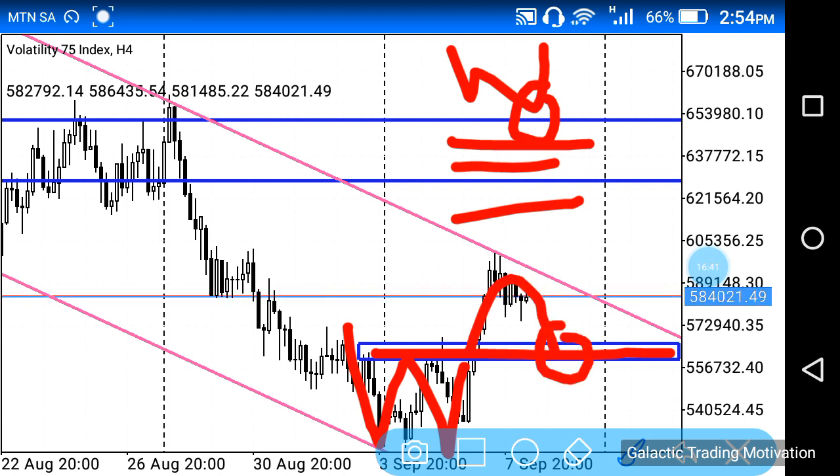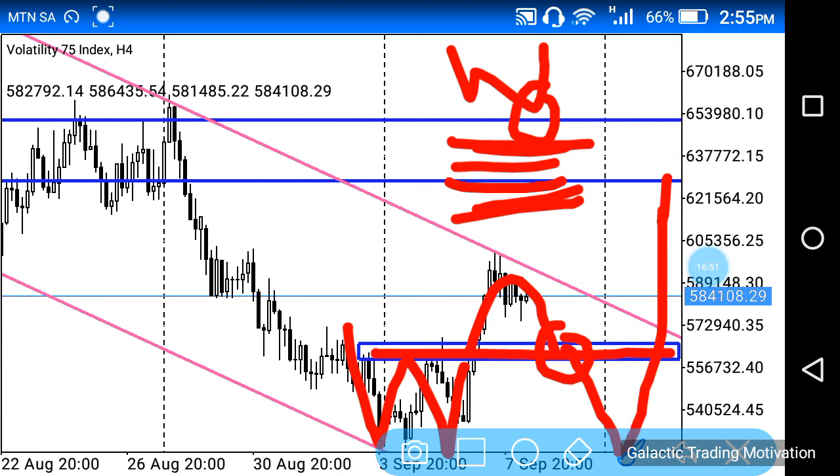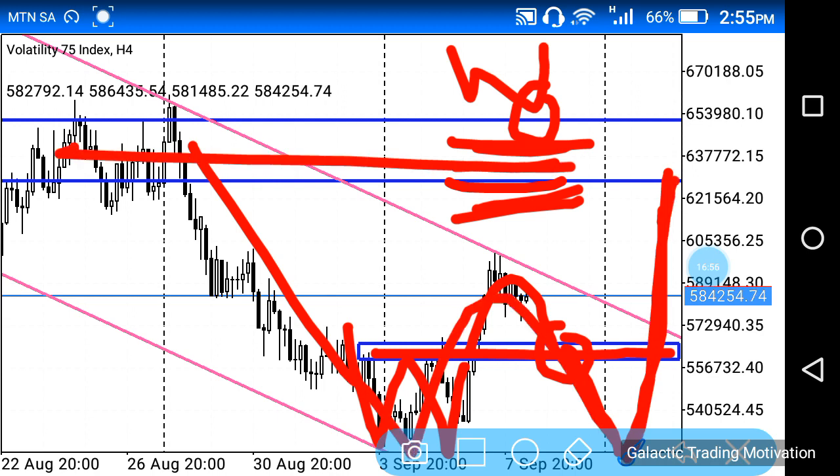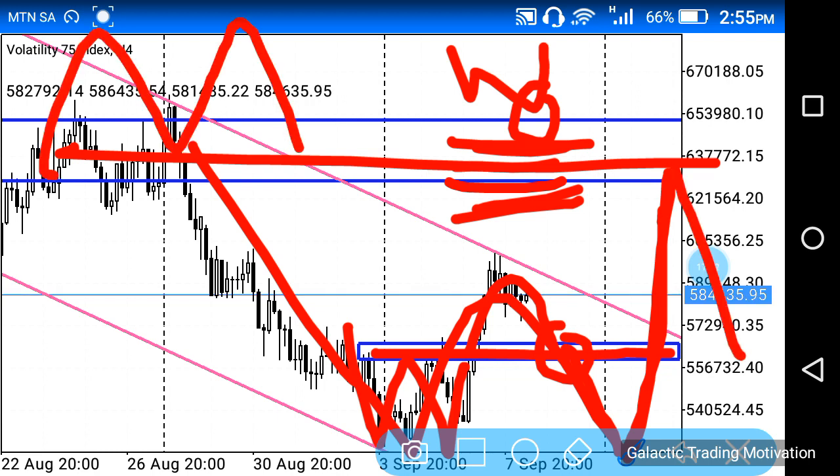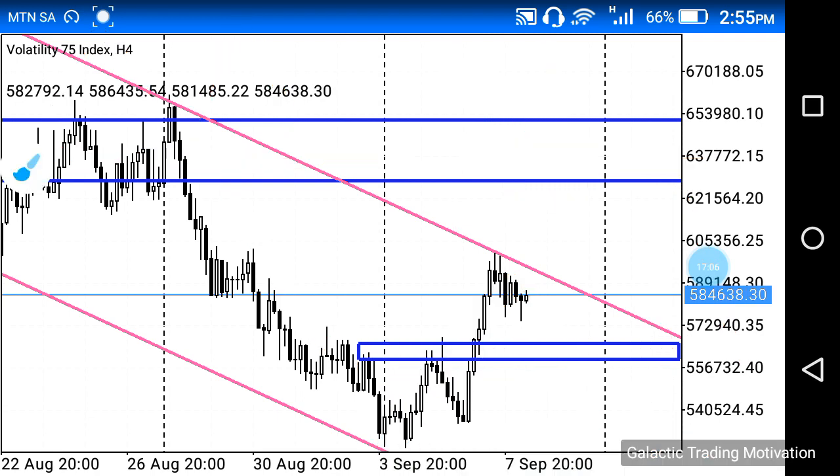If it does go down, it may go down even further to attack all of those stop losses that are located at this point, and then only push further up, maybe to around here, to form a very nice big W structure. And at this point we might see a possible reversal as well, because this is where we have the neckline of the huge M structure, and price may reverse down. So what I'm doing is just showing you all the possible outcomes.